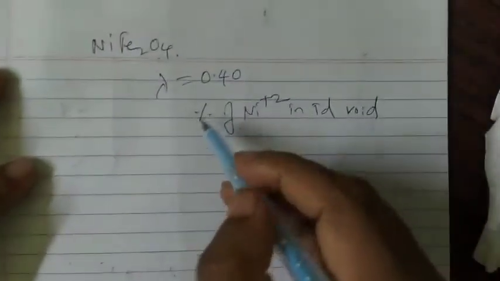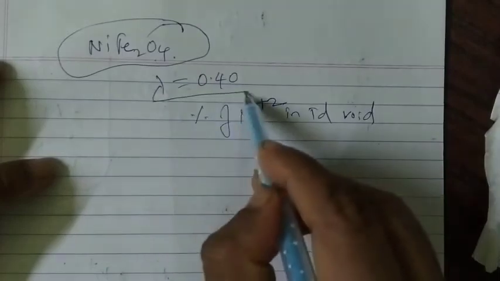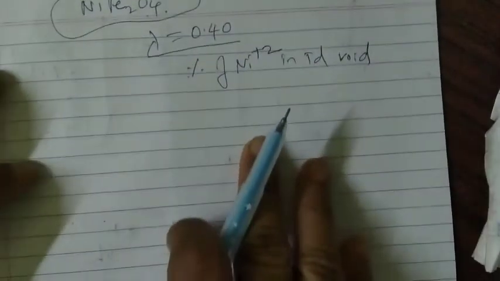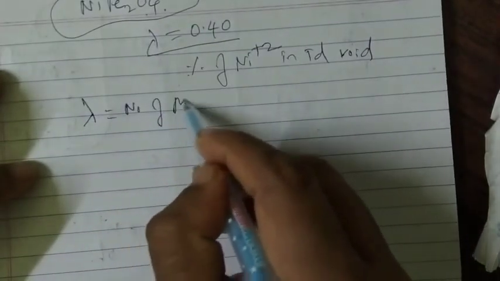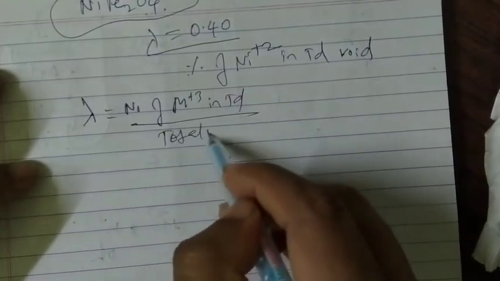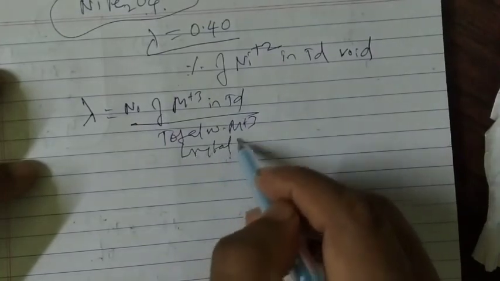See, this is the concern. He has given the lambda value, that is the spinel parameter, but he is asking the percentage of nickel present in tetrahedral sites. Now you know what lambda is here. Lambda is nothing but the number of trivalent ions in tetrahedral sites divided by the total number of trivalent ions in the crystal lattice.